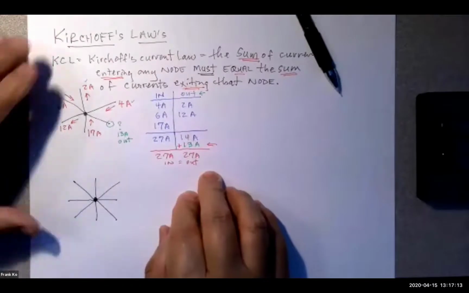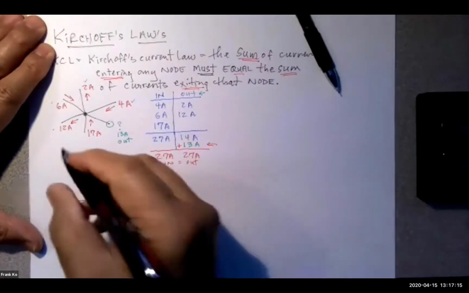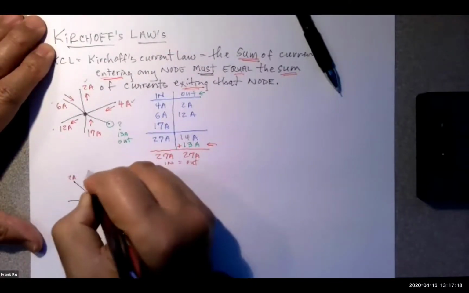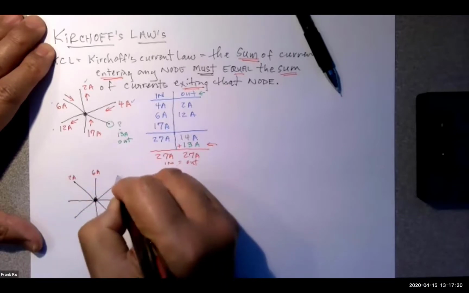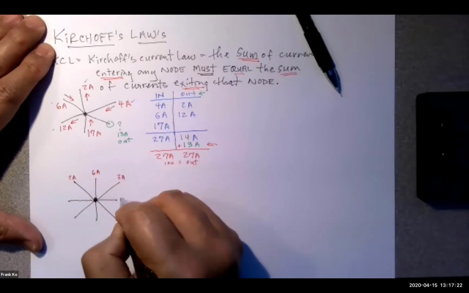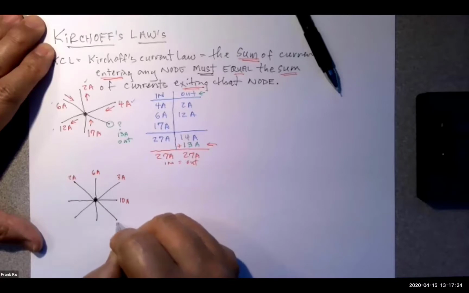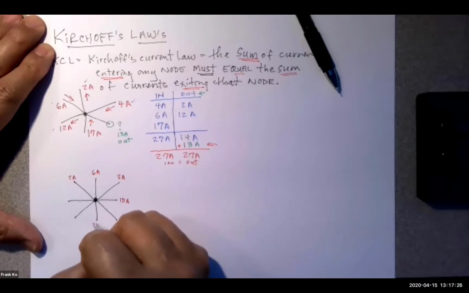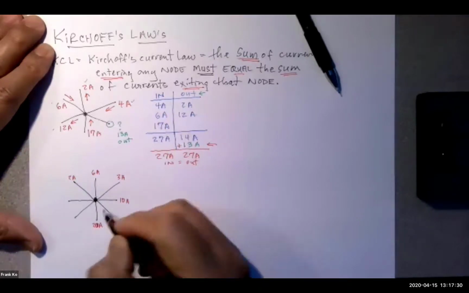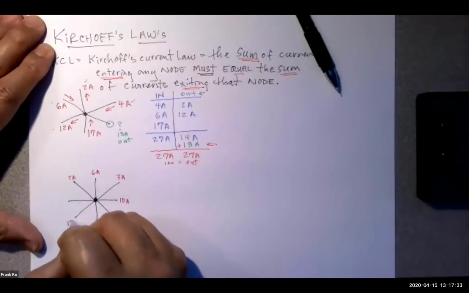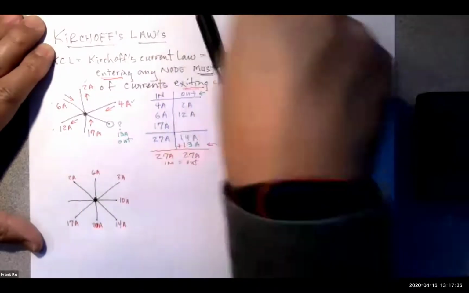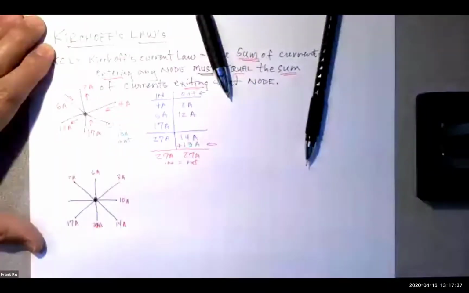And let us say for a moment we happen to have 2 amps, 6 amps, 3 amps, 10 amps, 14 amps, 20 amps, sorry, 20, and then 17 amps, and this one will be our mystery.